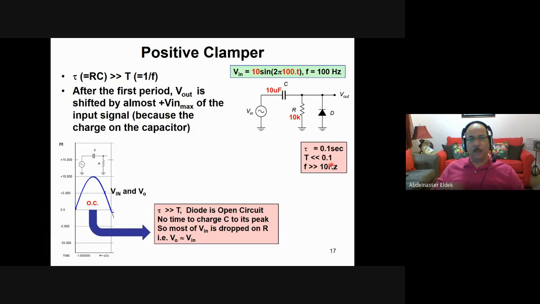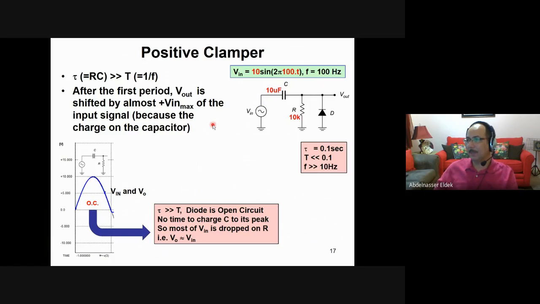Usually, the much larger than sign means at least 10 times. So if f is much larger than 10, then f is supposed to be at least 100 or more. That's why I chose this signal: amplitude 10, sine 2 pi f, where f is 100 hertz.